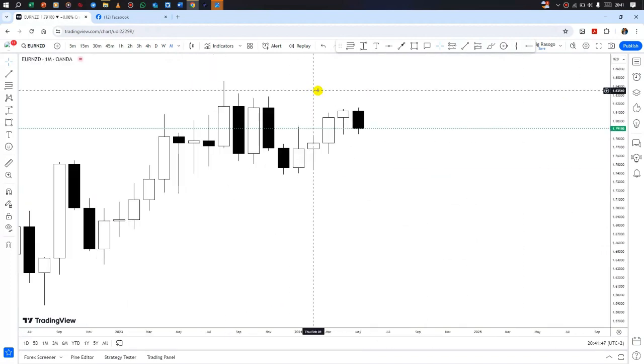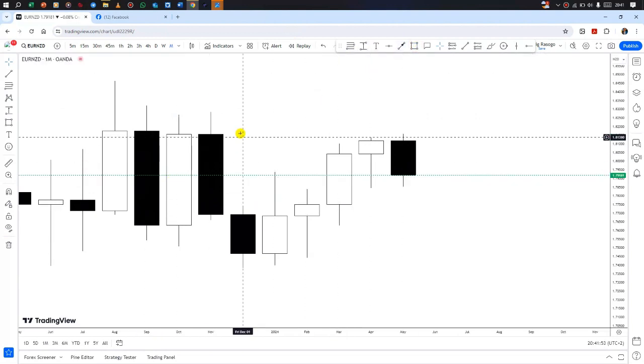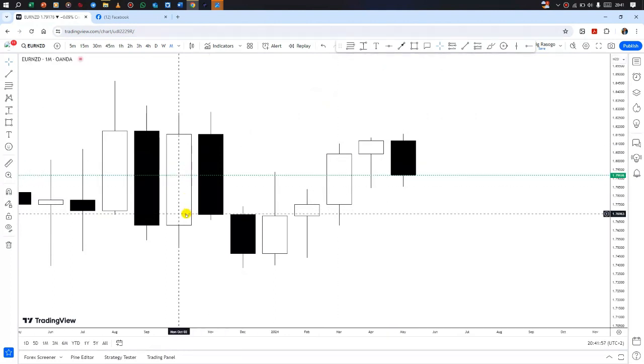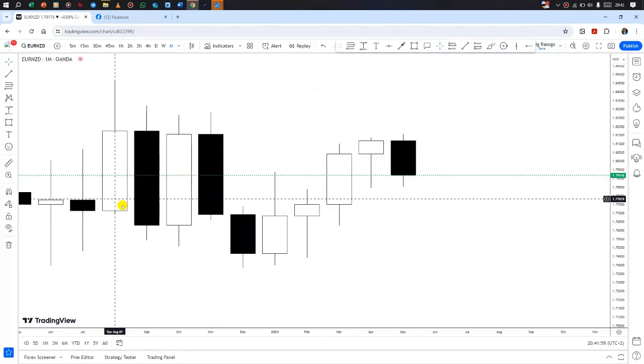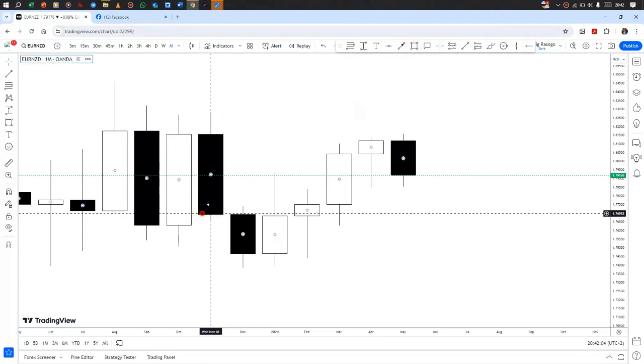This is the last pair that I'm checking. So EURNZD, as you can see, I'm on the monthly time frame. You can see it has been dropping for this month, and the price did react to this monthly supply zone here, which is hidden.